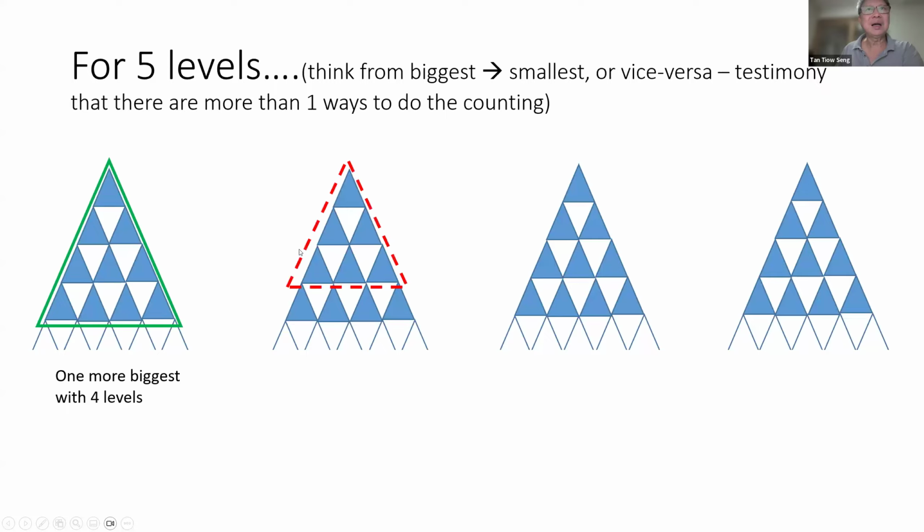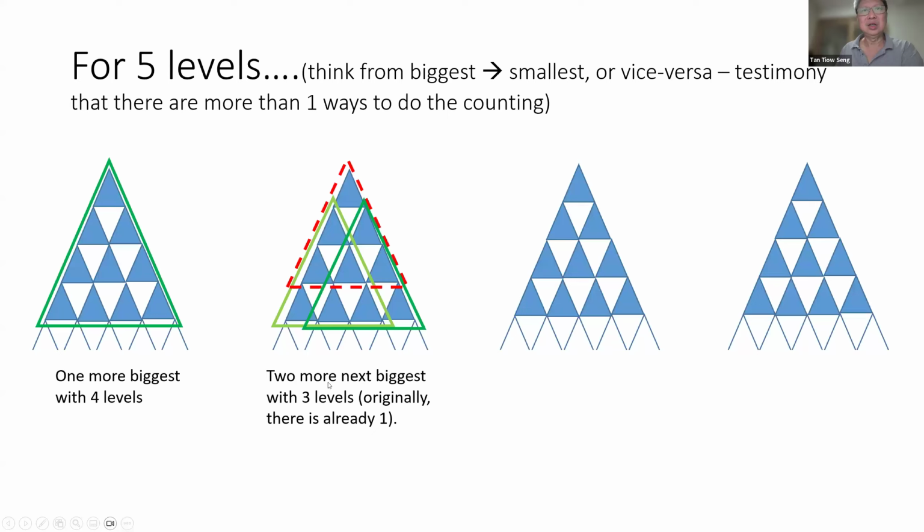Besides this big one, I also can find this one of the original size of 3. And what is new here is this one. This is a size of 3 newly created because of these 3 cards down there. Likewise, this is another one newly created because of these 3 cards here. So I originally have one size 3. Now I have 3 size 3. So I undercounted by 2 of them.